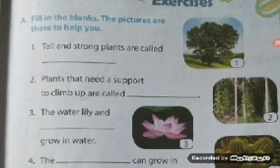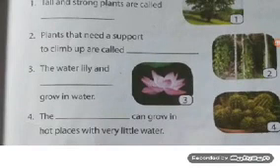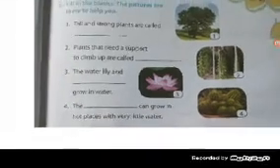Number 3. The water lily and dash grow in water. Now here is number 3 picture. And now number 4. The dash can grow in hot places with very little water. Now there is again number 4 picture given.